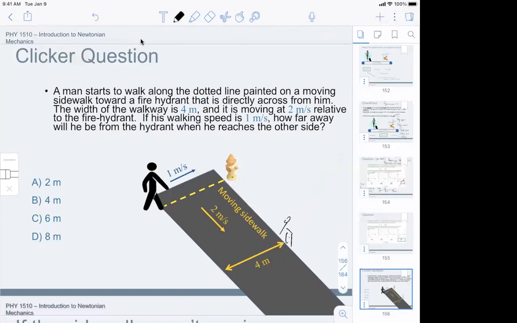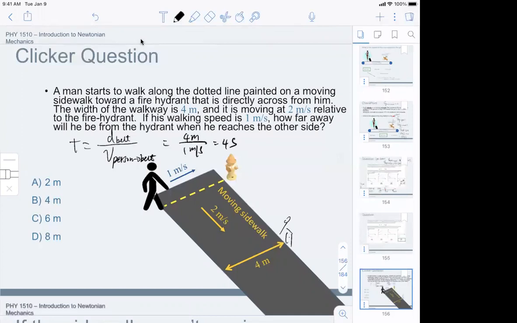Leave the ground out of the picture. The time it takes for the person to cross the belt would be the width of the belt divided by the velocity of the person relative to the belt. So that is 4 meters over 1 meter per second, and that's 4 seconds.